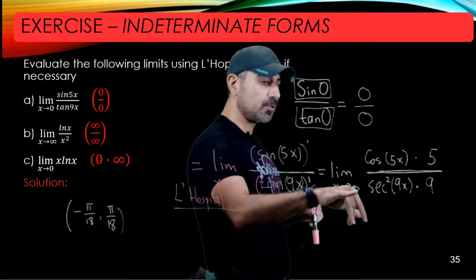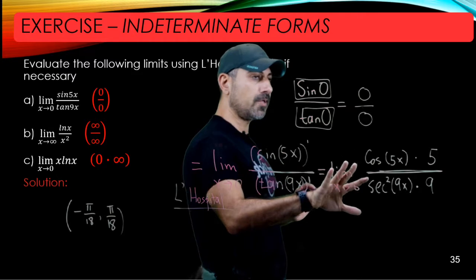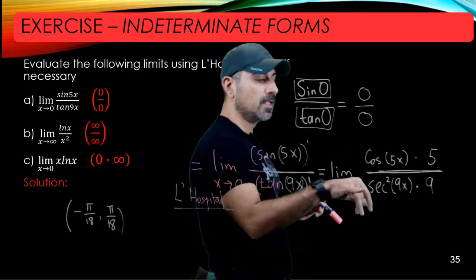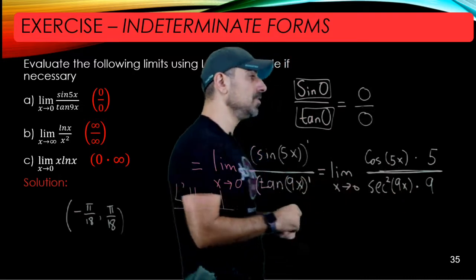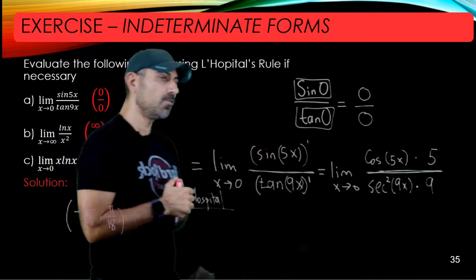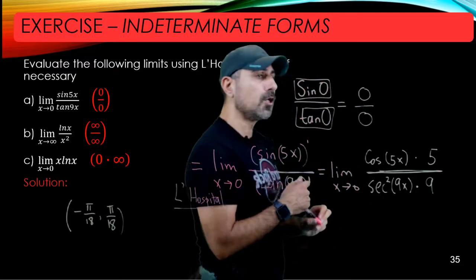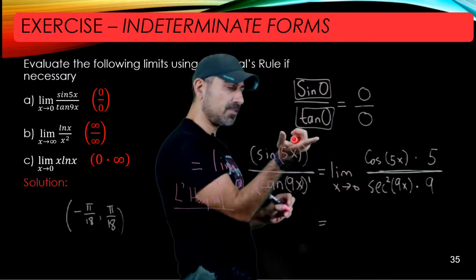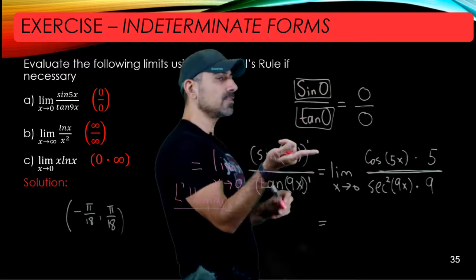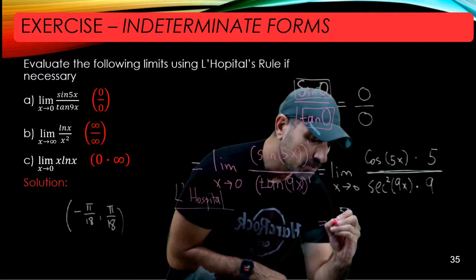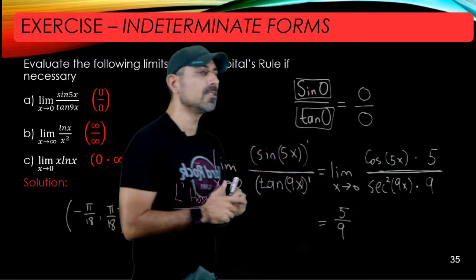All right, so x approaches 0, so I'm going to do function evaluation right away. So this is cosine 0 times 5, and secant squared 0 times 9. And you can use your TI-84 to find those values. In fact, cosine 0 is 1, so the top is going to be 5. Secant 0 is still 1. You multiply it by 9, so this limit turns out to be 5 over 9.